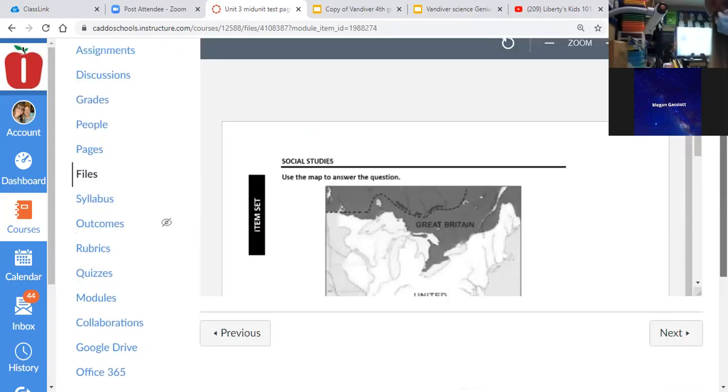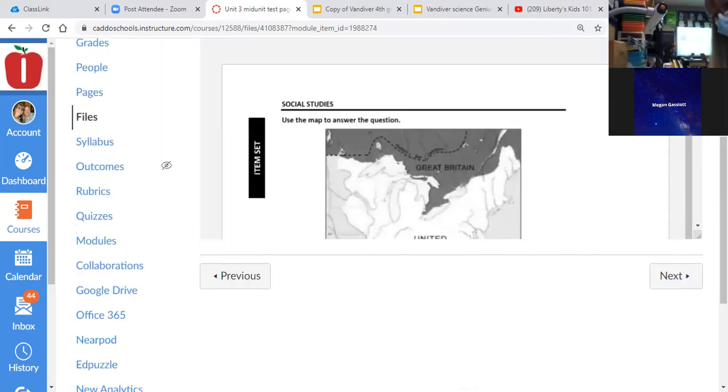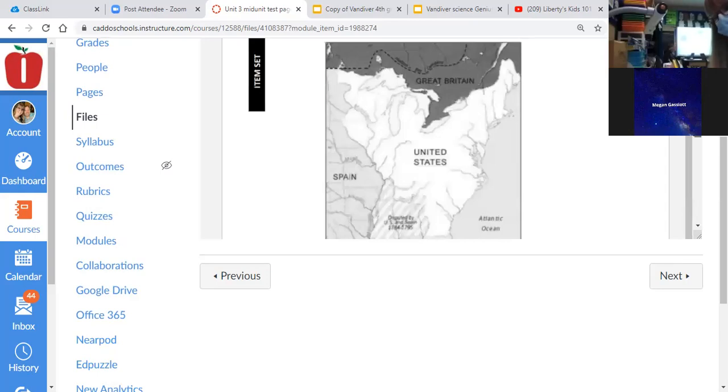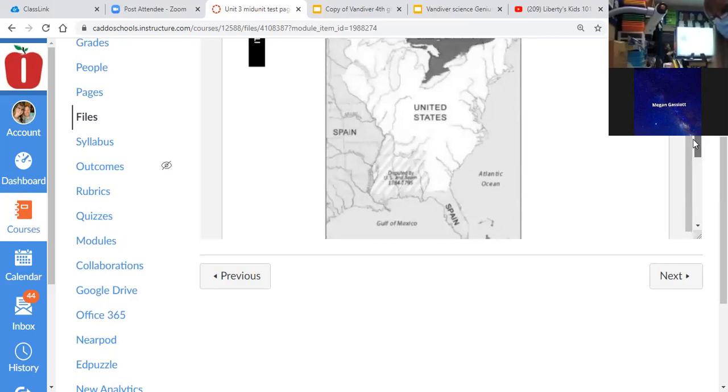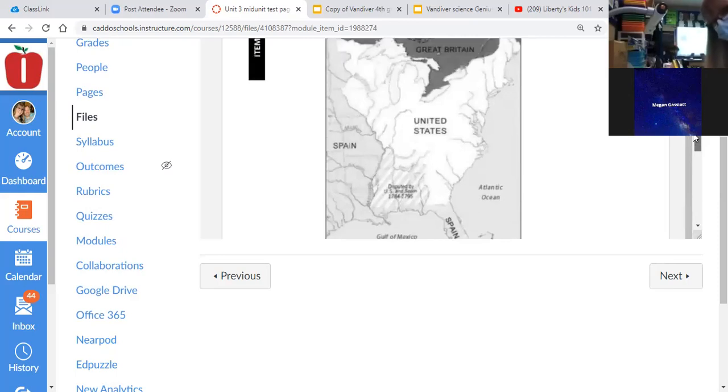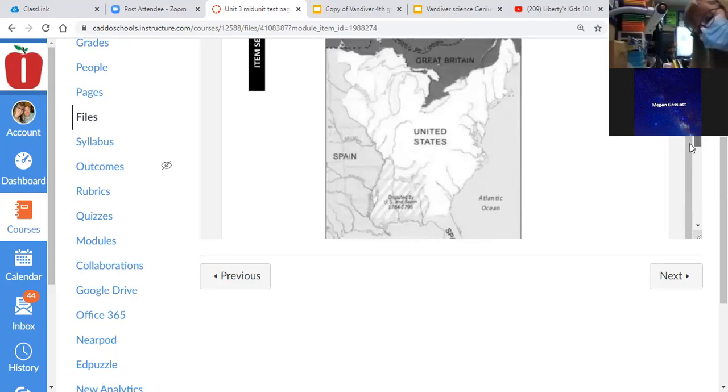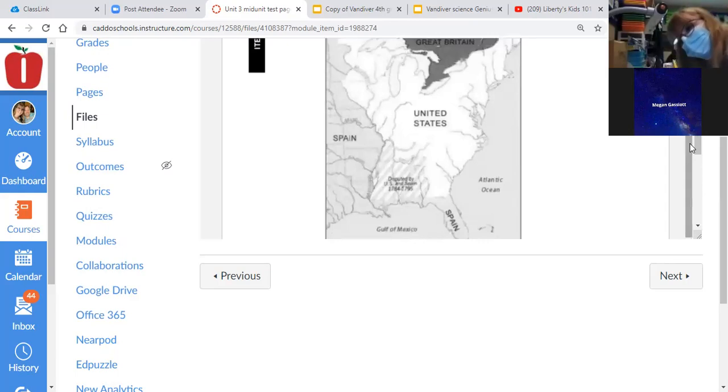All right, so your image on the computer is more clear to understand than the image on your paper. If you look at it dead on, you can actually see the stripes for the disputed area between the US and Spain.